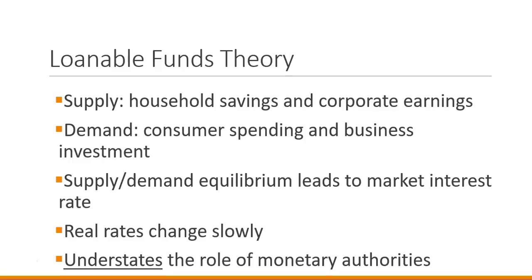The supply, the funds are coming from household savings and corporate earnings that are surplus, that are available for use in investment opportunities, and the demand comes from households who need additional funds, consumer spending, and business investment, businesses who don't have surplus funds, rather they need additional funds. And the equilibrium of this supply and demand is what drives the market interest rate.